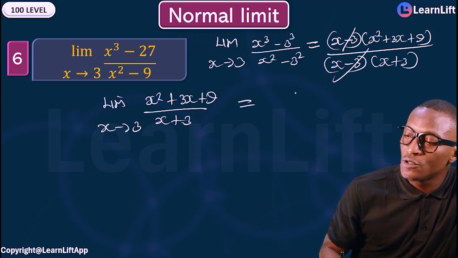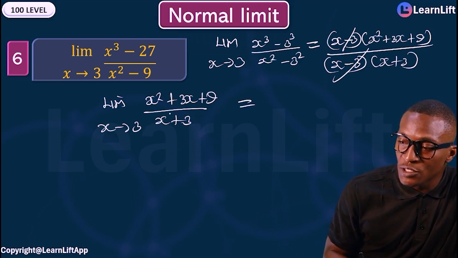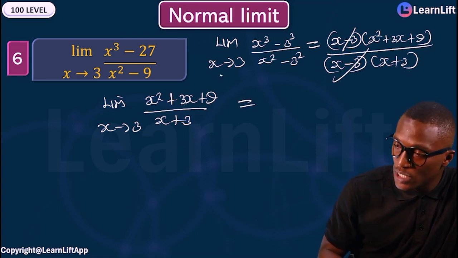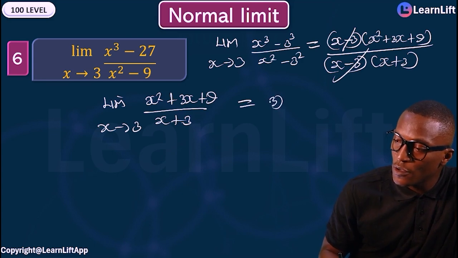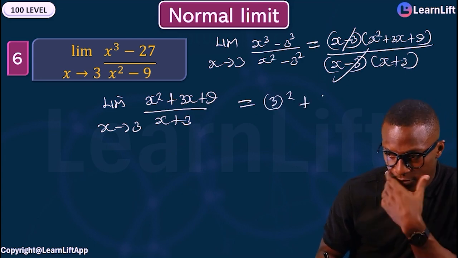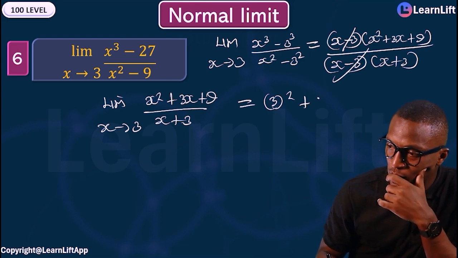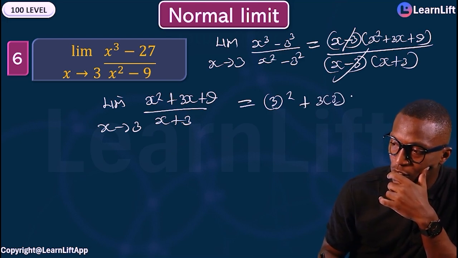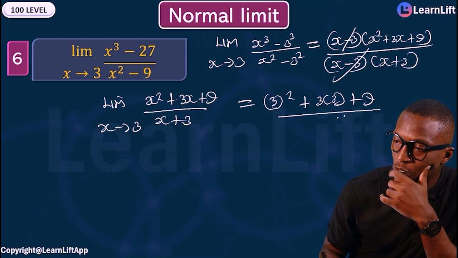If you substitute in the base now, you're not going to have 0 anymore. So you can substitute now. That becomes 3 all squared plus 3 into 3 plus 9 all over 3 plus 3.